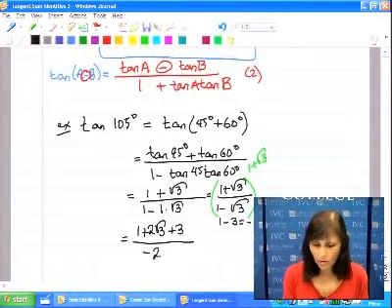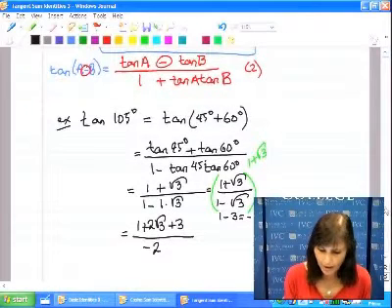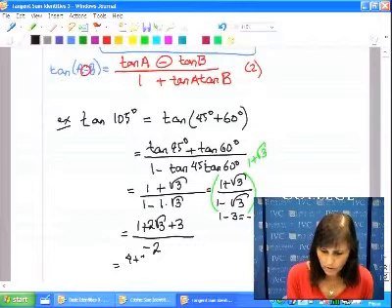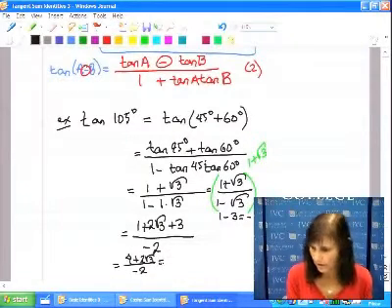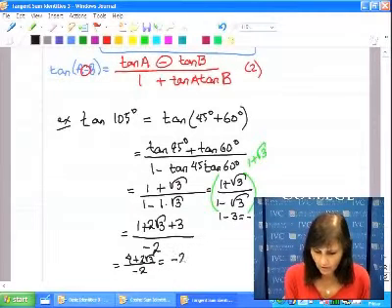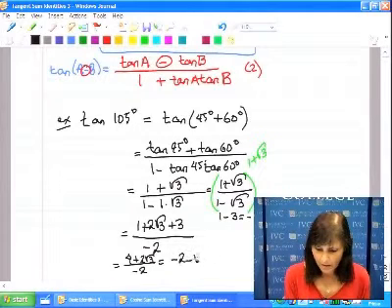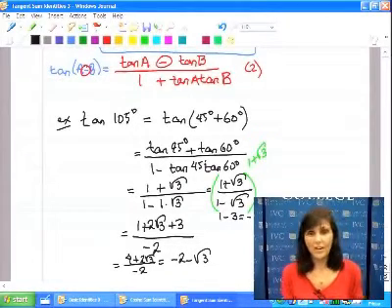Let's clean this up a little bit. So that's going to be 4 plus 2 rad 3 over negative 2. Divide by negative 2. 4 divided by negative 2, that's negative 2. 2 divided by negative 2, that's negative 1. Here we go. This is as clean as it gets.